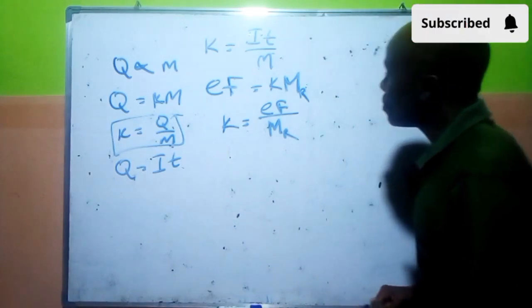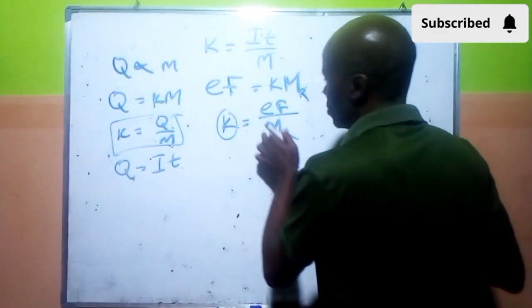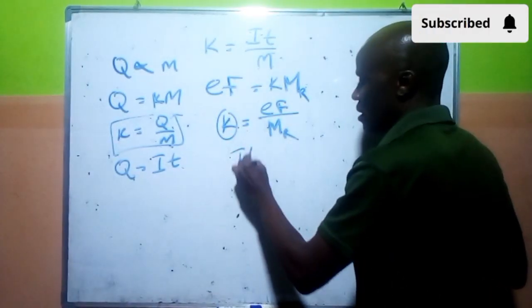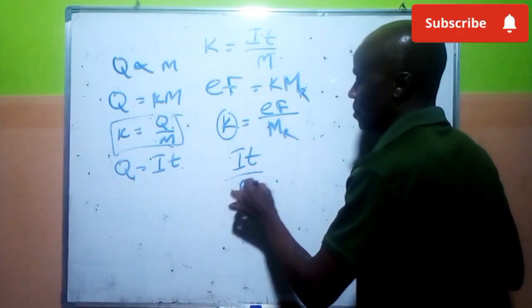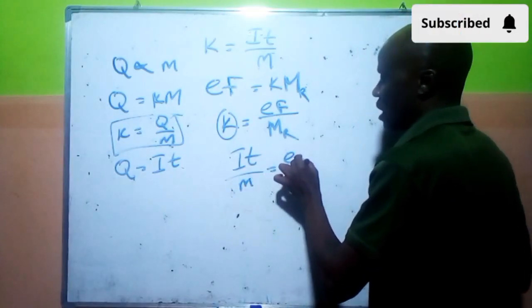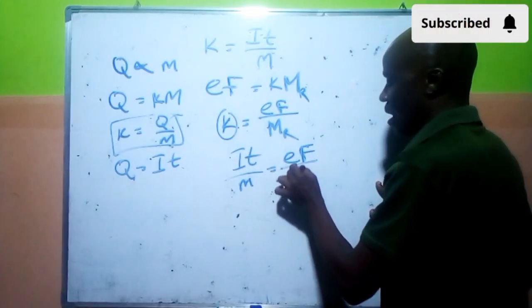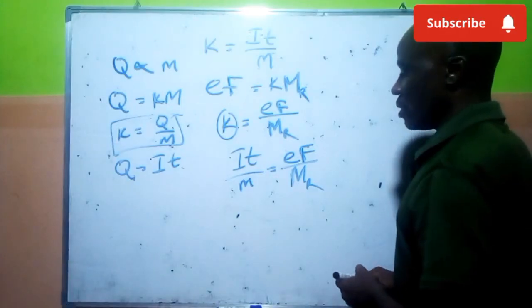So now, if K is equal to this and K is also equal to that, it means I times t over m is equal to charge times Faraday over molar mass. That is what we have.